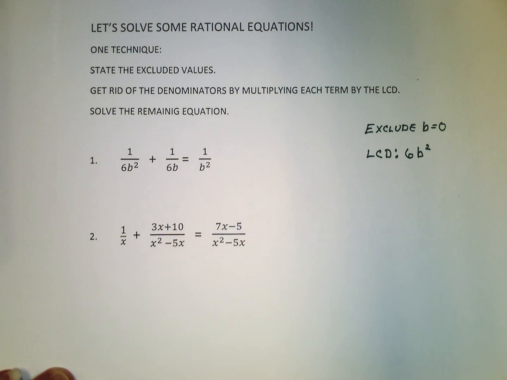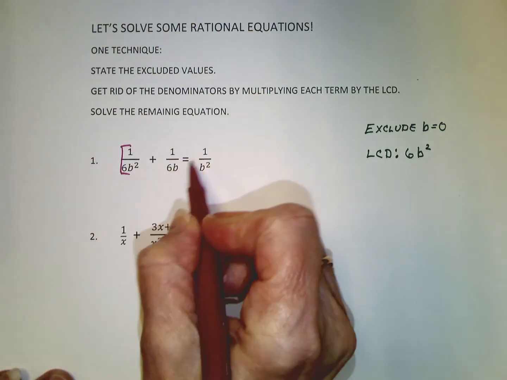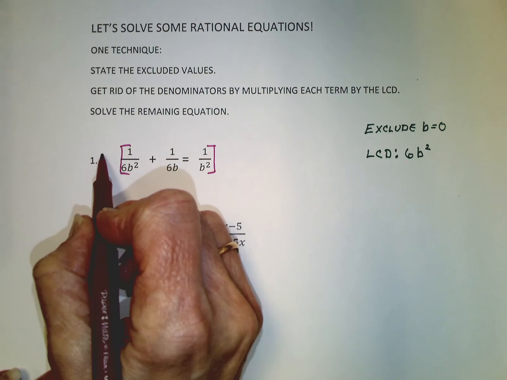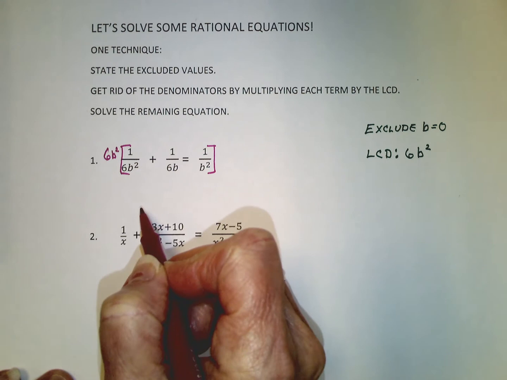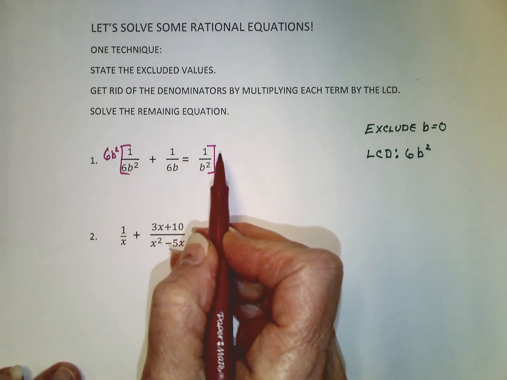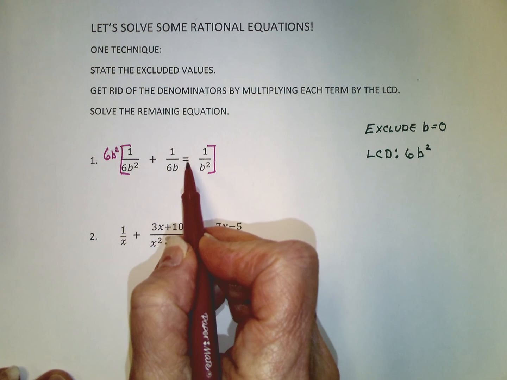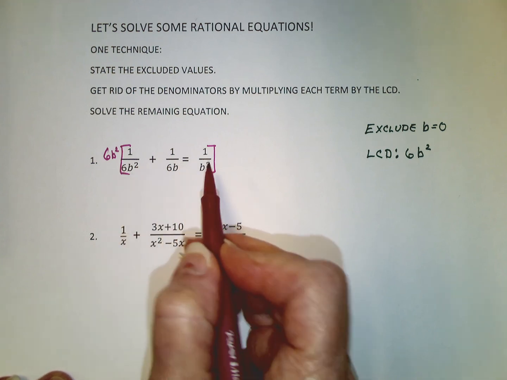So we're going to take the entire equation and multiply it by that common denominator. Going to take each piece, just distribute all the way across. And as long as there's an equal sign here, it is legal to multiply both sides of an equation by the same thing.